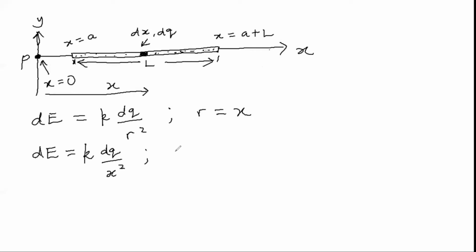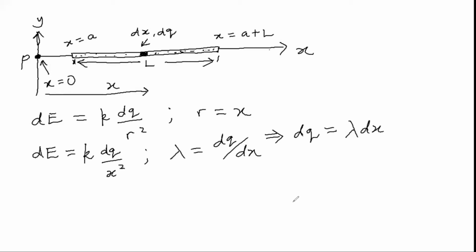So linear distribution means that the associated charge density is lambda. Lambda within this small element is the charge per unit length, so this can just be written as dq over dx. And here we are interested in this dq so that we can substitute it into that equation. So this implies that dq will just be given by lambda times dx.